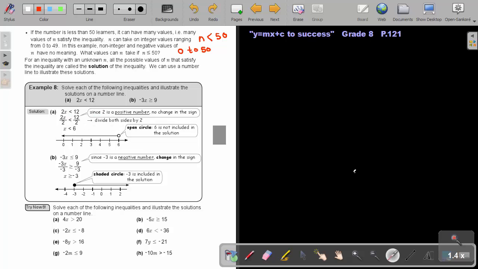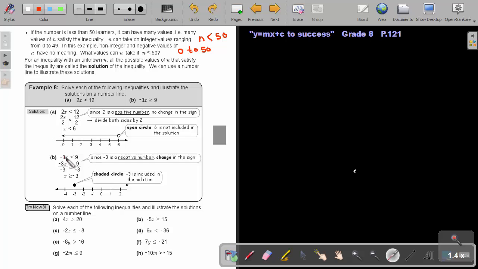You only change the inequality sign if you divide or multiply by a negative. Okay, now I find x is less than 6. Remember, if there's no equal sign, then the circle must be open. So open circle, 6 is not included in the solution, but all the values to this side.